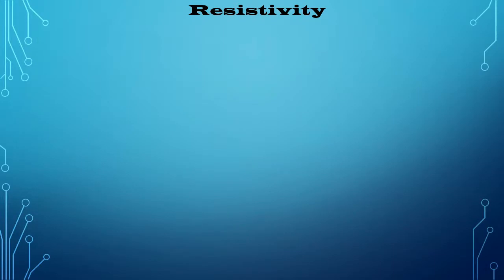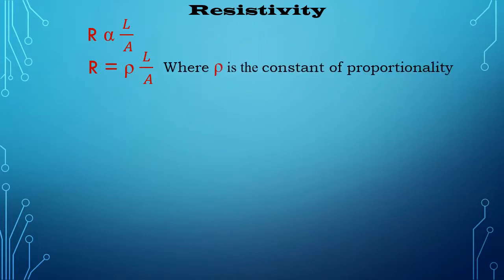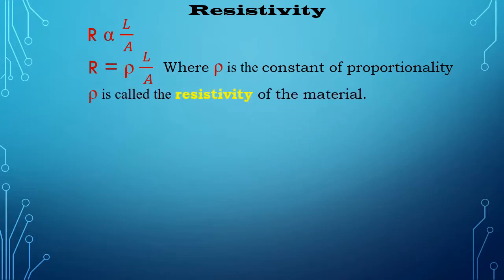We know that resistance is directly proportional to length and inversely proportional to area of cross section. So we can write R is directly proportional to L upon A. That is R equal to rho L upon A, where rho is the constant of proportionality and rho is called the resistivity of the material.